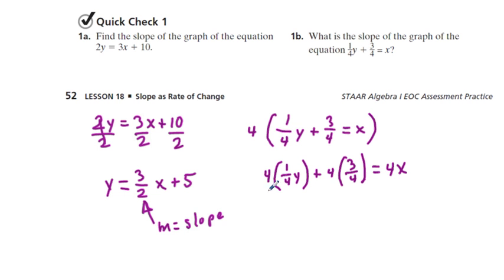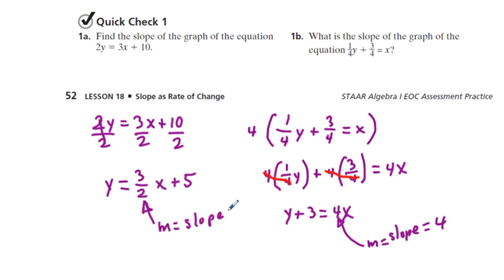And 4 over 4 cancel here and here. So we have y plus 3 equals 4x. Now we can solve for y by subtracting 3, but we should already know that our m equals slope, which equals 4. So that's our slope.